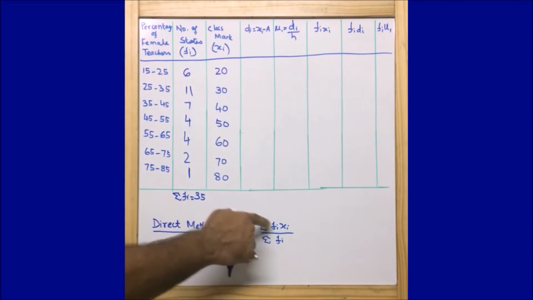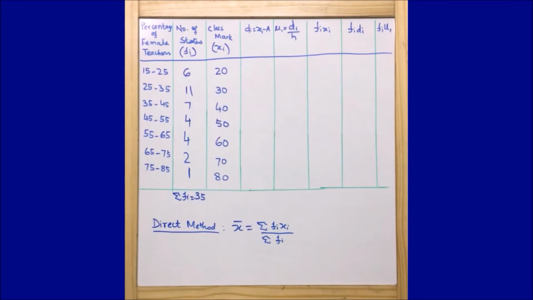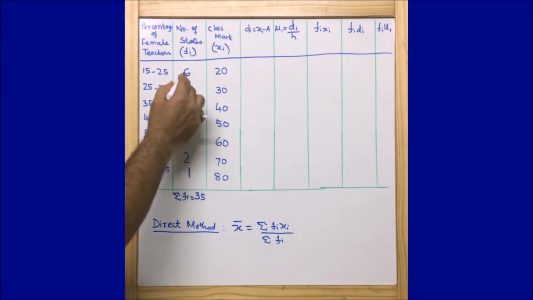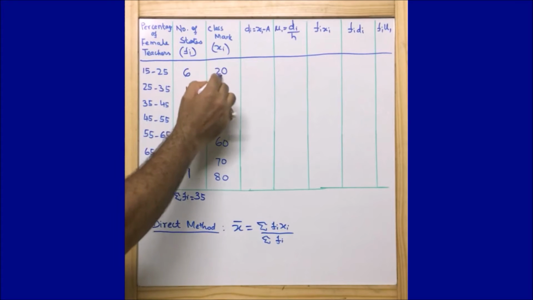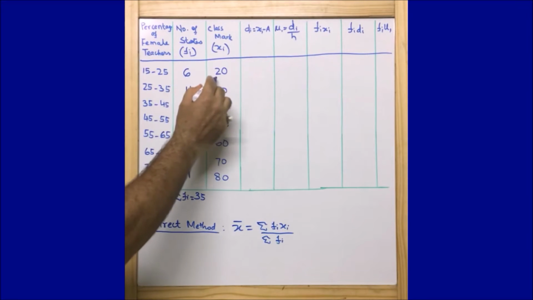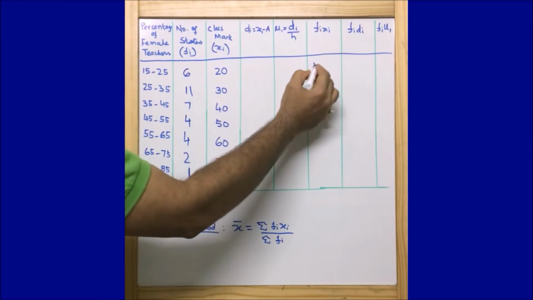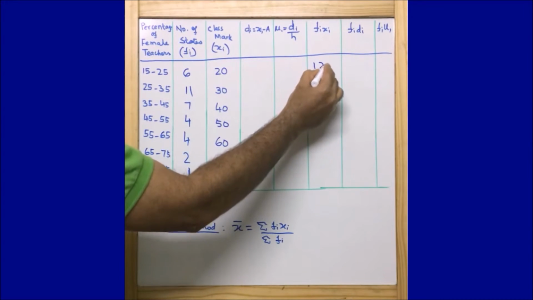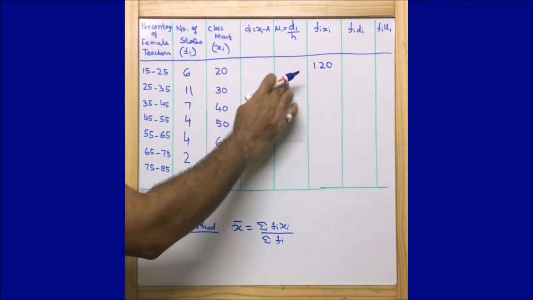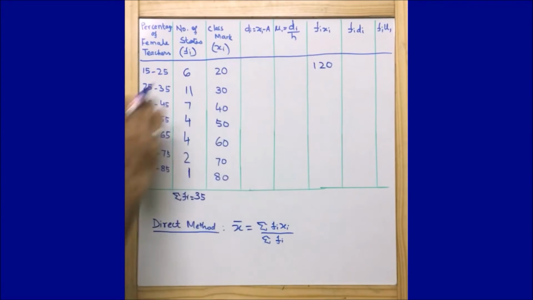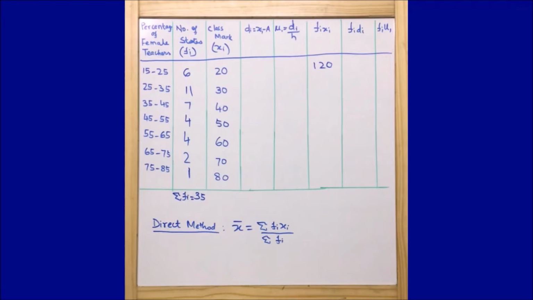Now we need to find out FiXi. If you see here, Fi is 6 and Xi is 20, so FiXi will become 120. I am putting these in this column because this is the FiXi column, and we will utilize it while finding the mean using the other methods.